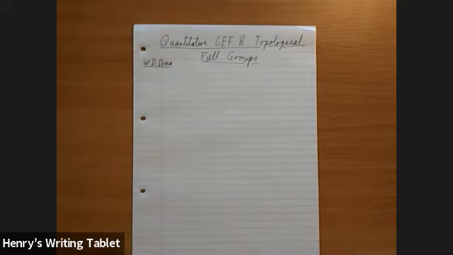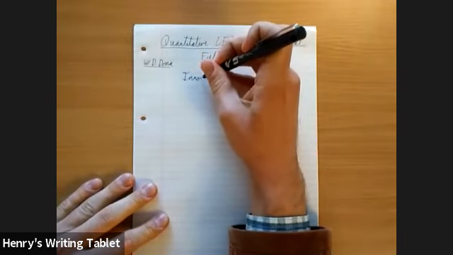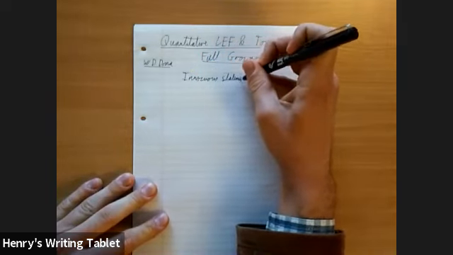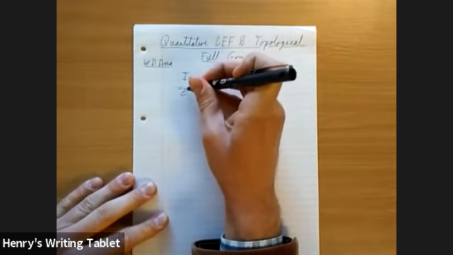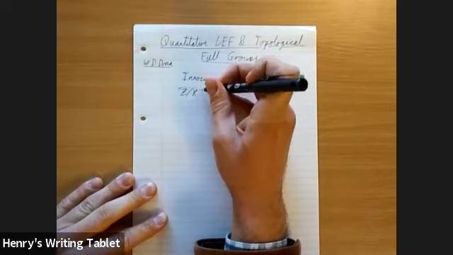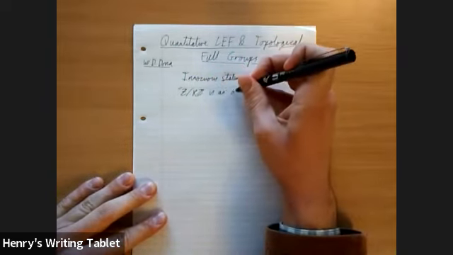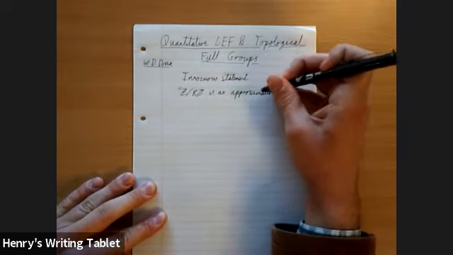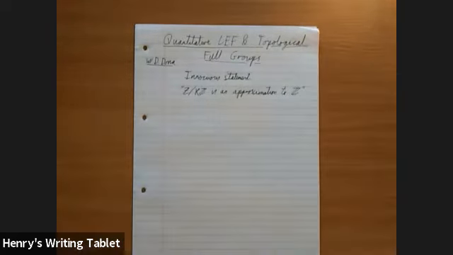So to start with, I'm going to make a very innocuous statement, which is that the integers modulo k form an approximation to the integers. Okay, this hopefully shouldn't strike anyone as controversial.